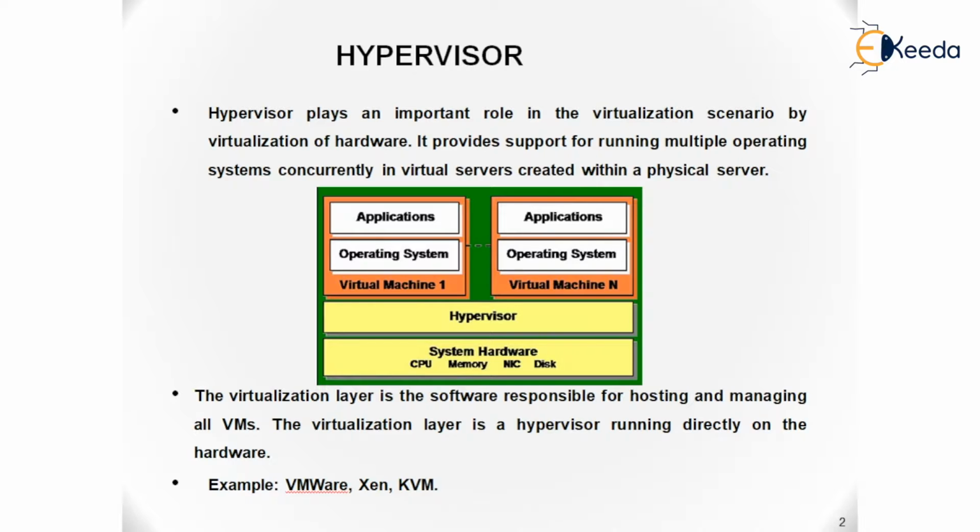The virtualization layer is software responsible for hosting and managing all virtual machines. The virtualization layer is a hypervisor running directly on the hardware. Examples of some hypervisors are VMware, Xen, and Kernel Virtual Machine.